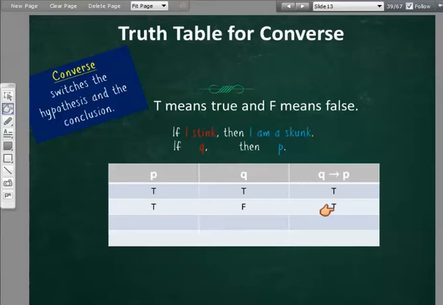Okay? Now that's kind of tricky. I don't stink, I am a skunk is going to be true, because remember, it's just saying if I stink, I don't necessarily have to be a skunk. Or if I don't stink, I don't necessarily have to be a skunk. So it's going to be true.